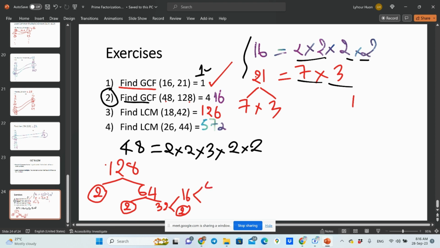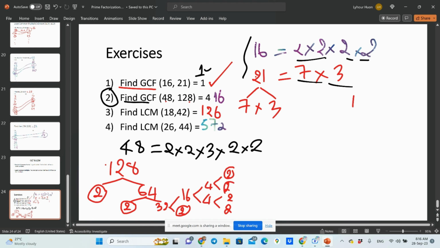Both 4s are not prime numbers, so we break them too. 4 is equal to 2 times 2. So that's all prime numbers.